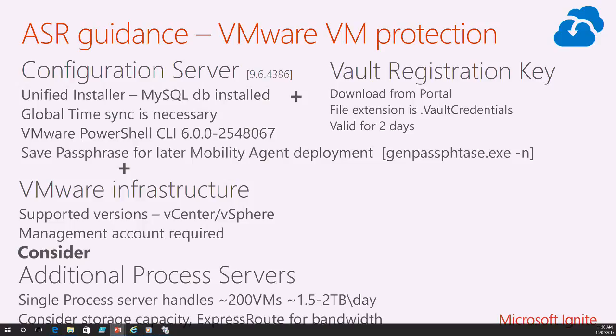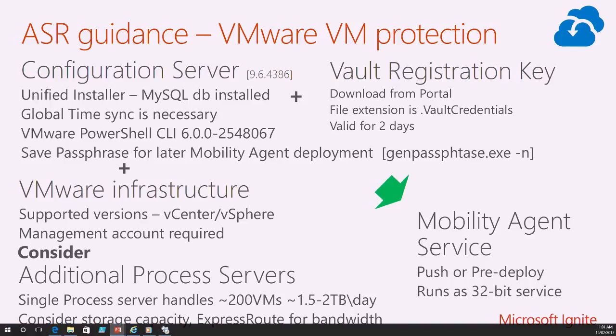So if you're going to be pushing a lot up into the cloud, for that initial replication, consider ExpressRoute. ExpressRoute has the public peering, which is a dedicated path into Azure public services. You can also have additional process servers. Since it's continuous replication, if you're going to be replicating quite a lot, you might want multiple process servers on premises.